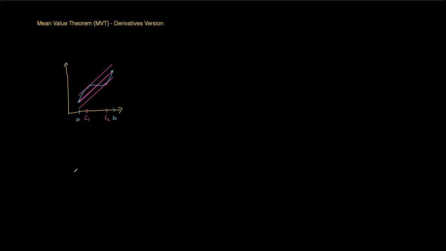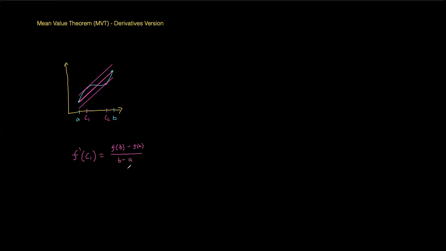In other words, I'm saying that the derivative of the function, so if I call my function f, then the derivative evaluated at c sub 1 in this particular case will actually equal the slope of the secant line. And slope is actually just rise over run. So that would be f of b minus f of a all over b minus a.